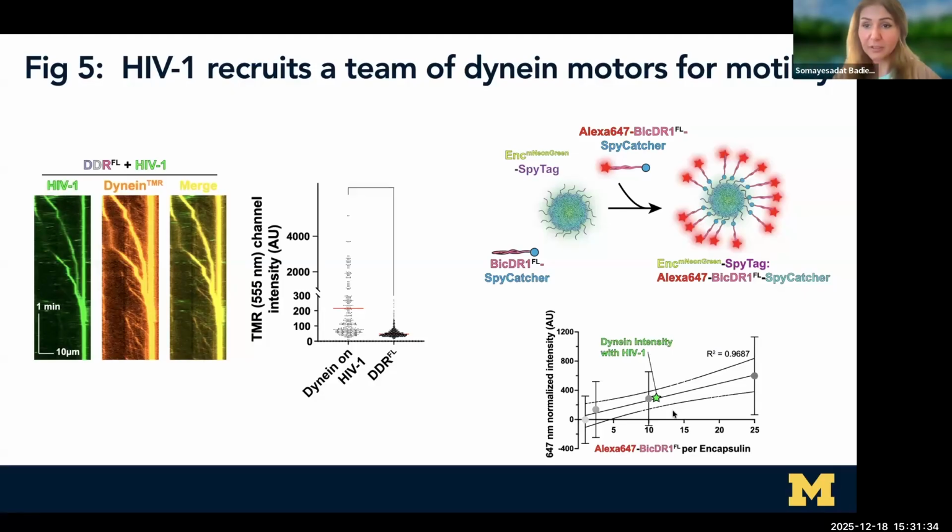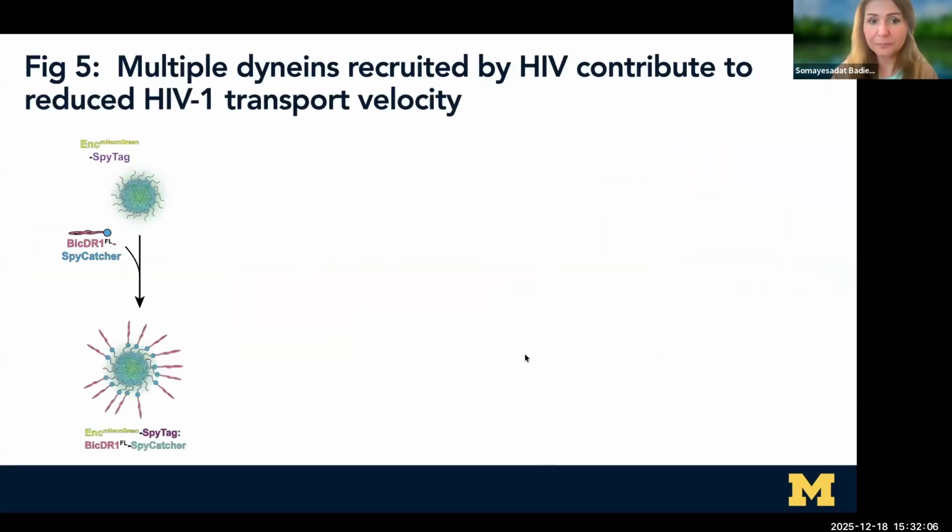At the same time, I had dynein labeled with the same Alexa dye, and I measured the fluorescent intensity of the dyneins colocalized with the HIV. From this standard curve, I showed that about 10 dyneins can interact with HIV-1.